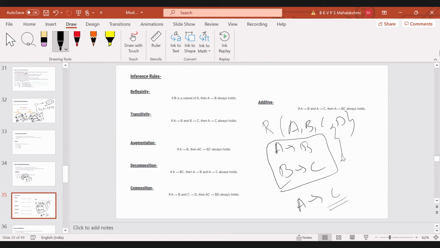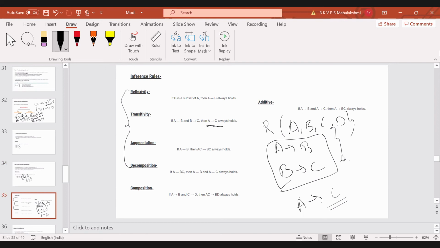See, the most important ones, remember all this. If B is a subset of A, that means A tends to B always holds. And transitivity: A tends to B and B tends to C, then we can write A tends to C always holds.